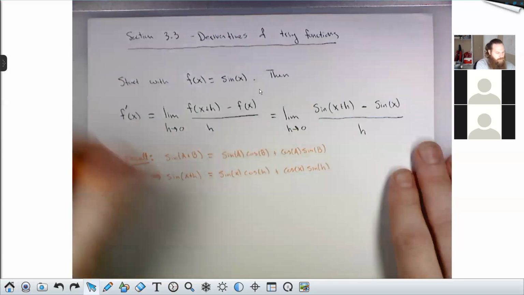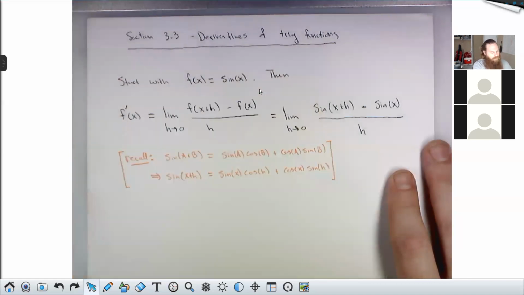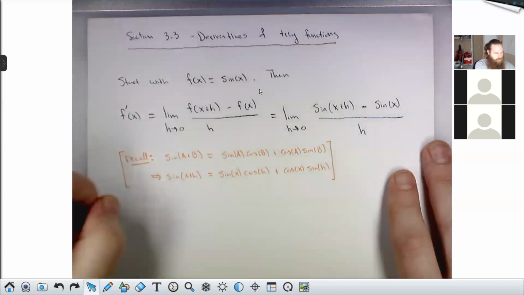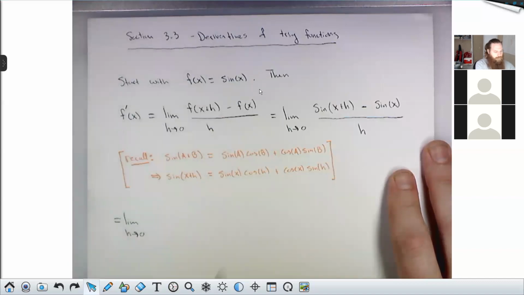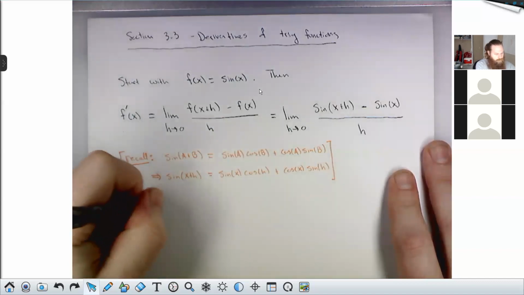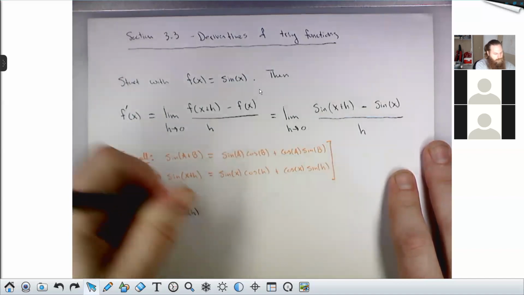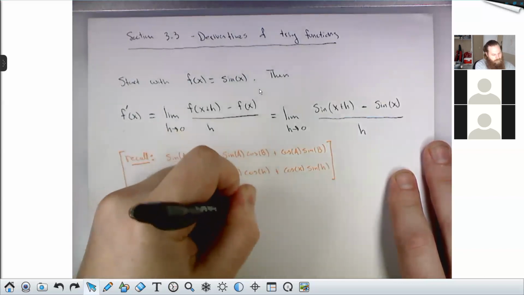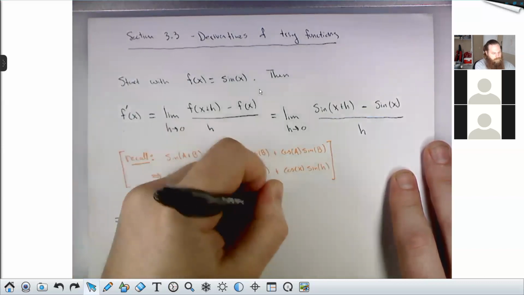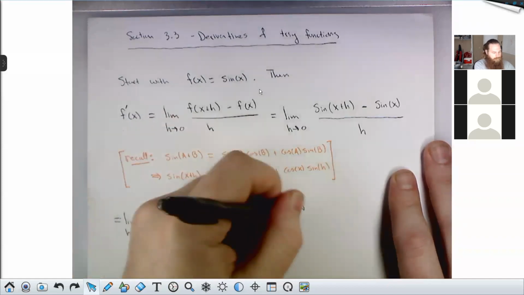So we tuck this into our pocket. And we say that according to this, the line above is equal to the limit as h goes to 0 of sine of x plus h, which is sine x cos h plus cos x sine h, minus sine x.